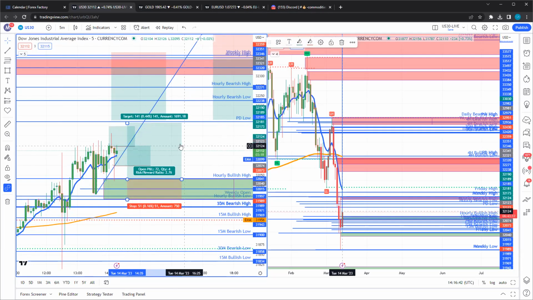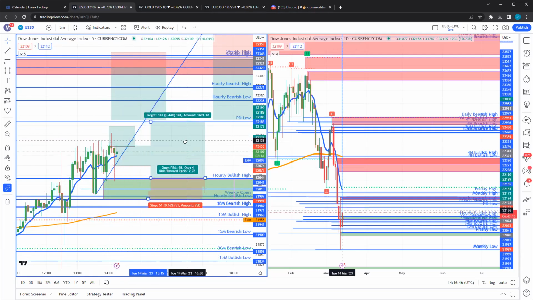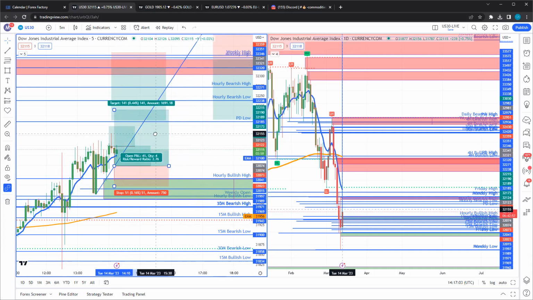So don't keep pushing your entry to the top. The only reason we entered up here is because we know price is rejecting, and this trade should have hit take profit for 50 pips or 50 points if I'm not wrong. The second one, the reason personally I entered here was the retest of this trend line.